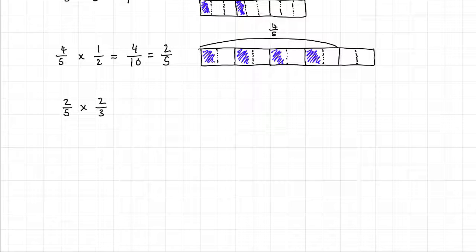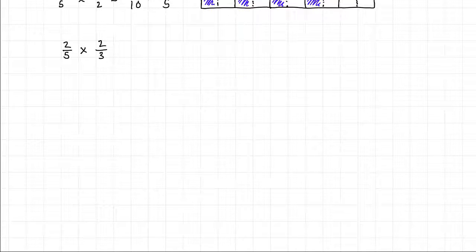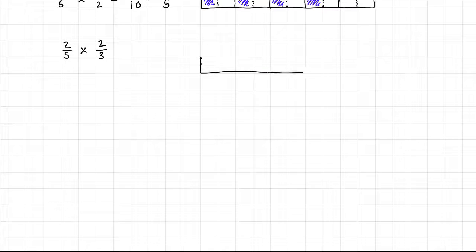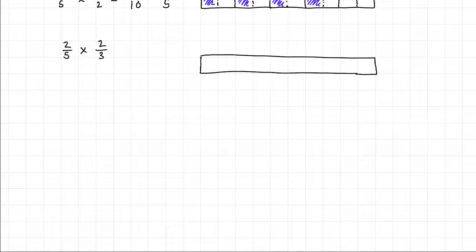So let's start drawing the diagram and see what this one looks like. Okay, so 2/5, so let's split it into fifths again. Okay, so 2/5 is here. So this is my 2/5.